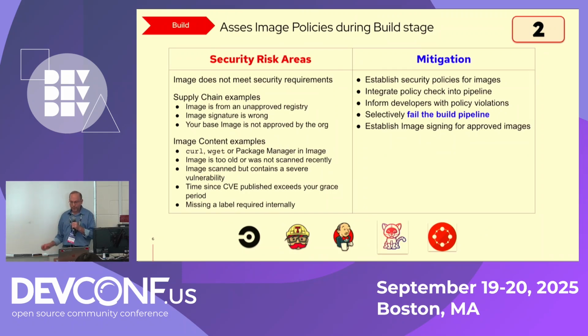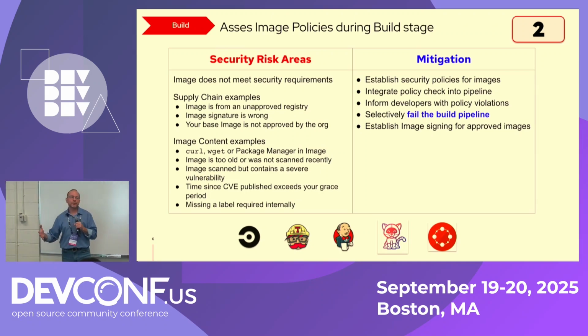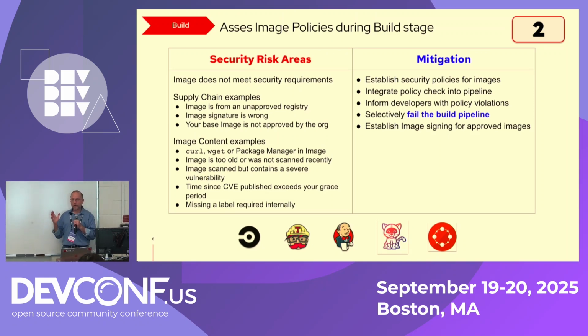Next, you've already integrated the scanner, but now we're into what you do during the build itself and why. There are a couple of different areas to consider, like why an image may be unsafe for you. There are two: supply chain examples and actual image examples.